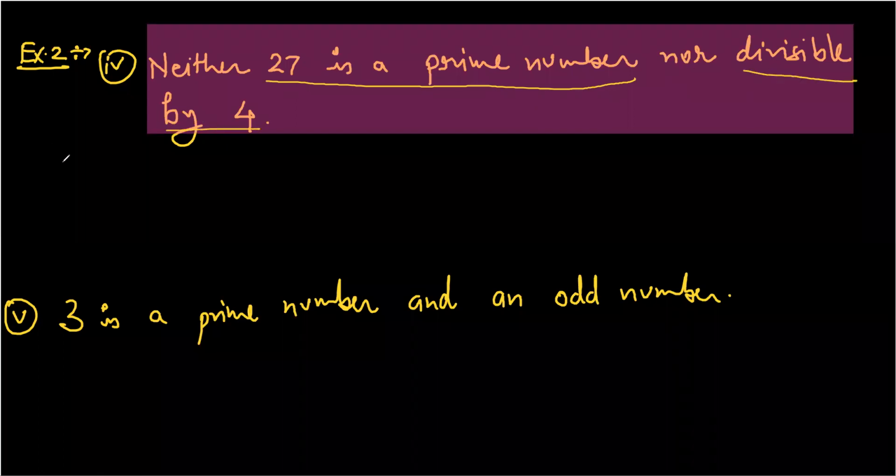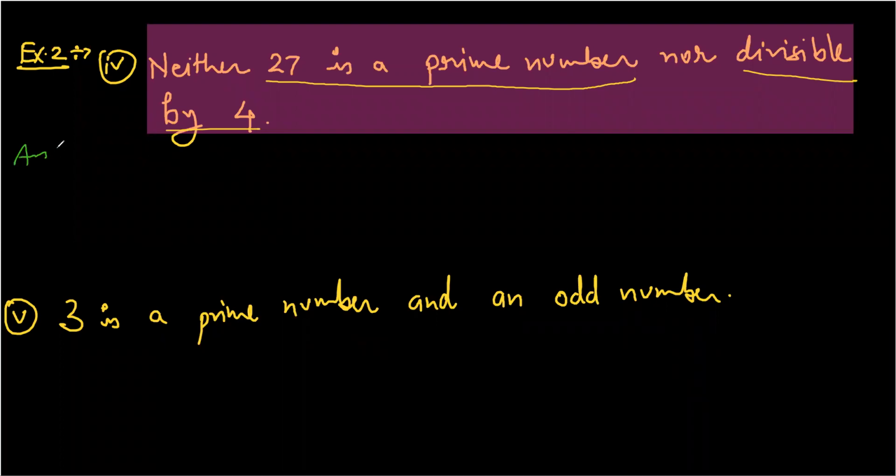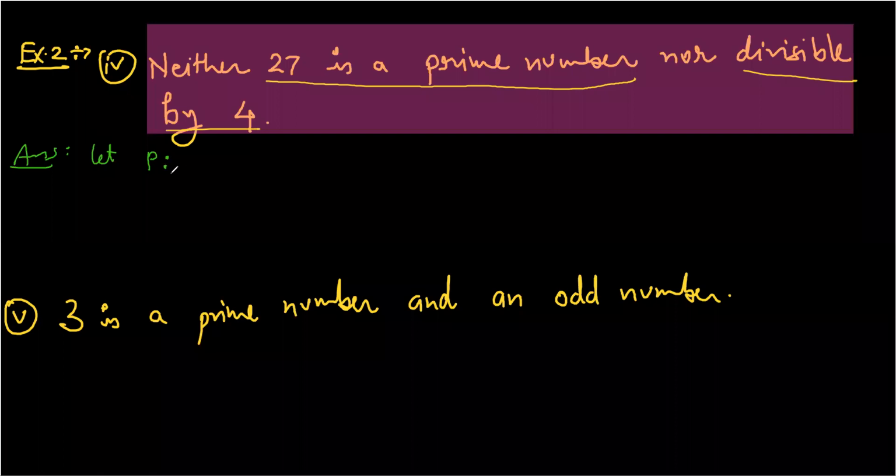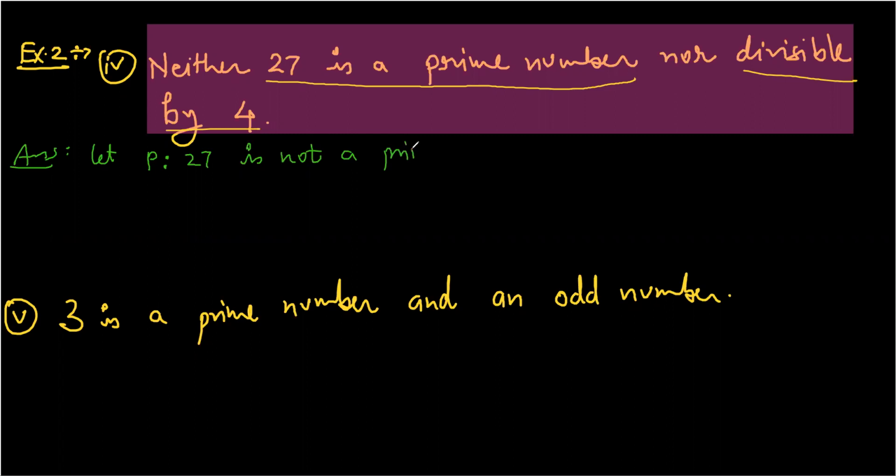So here I write, my answer begins from here. Let the statement P be: 27 is not a prime number.